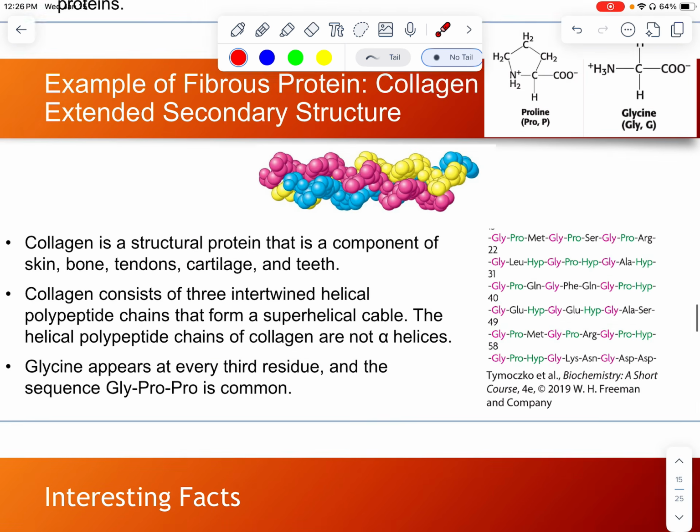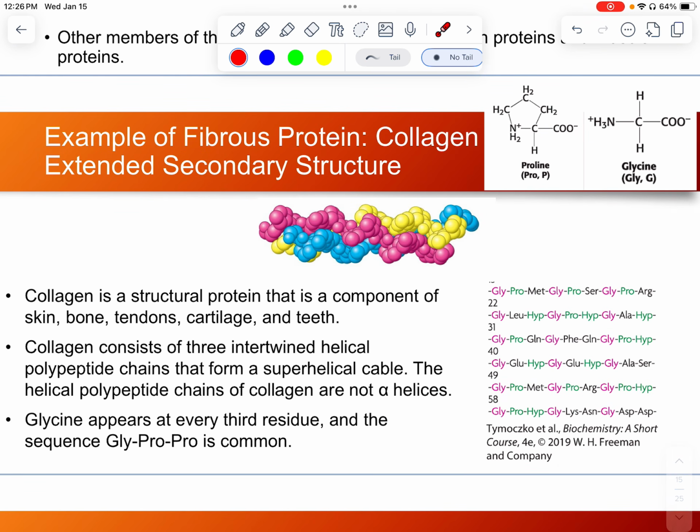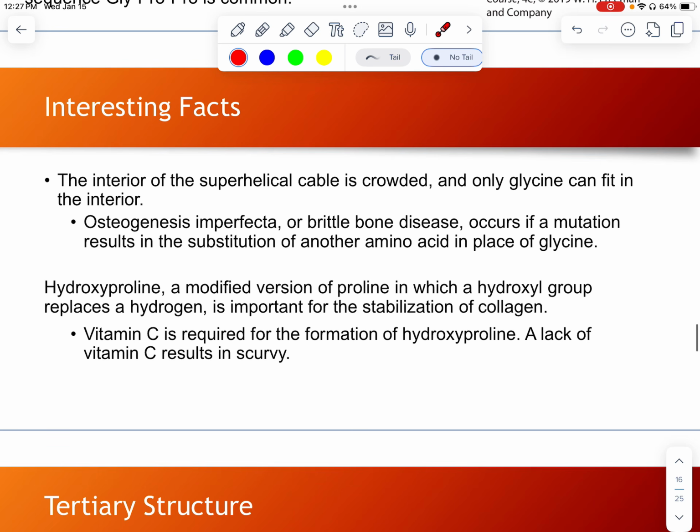And what that does is it disrupts this structure, these tight turns. You can kind of see on this blue one, you've got these tight turns. And they can't do that if there's something bigger than glycine. Remember, glycine's our smallest amino acid.